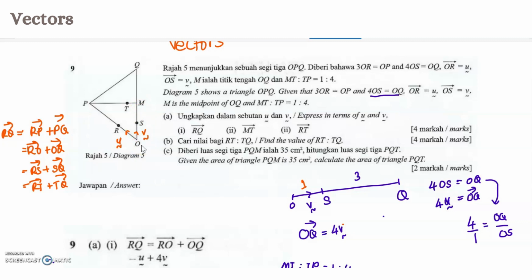This is 2V because OQ is equal to 4V. And then we just find the vector for MT. You can find vector MT from this ratio.